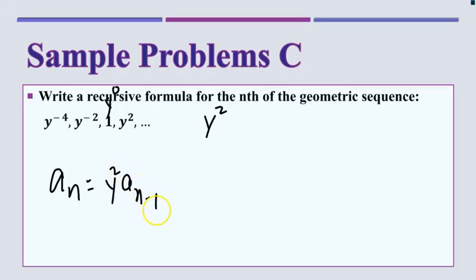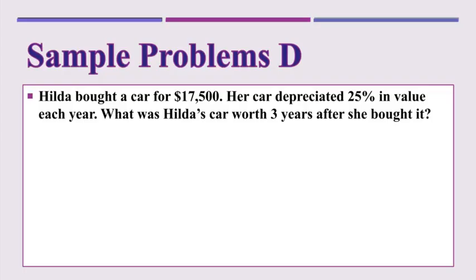n minus 1. And our last one, Hilda bought a car for $17,500. Her car depreciated 25% in value each year. What was Hilda's car worth 3 years after she bought it? So for this one, we're going to use an interest formula, but it's declining.